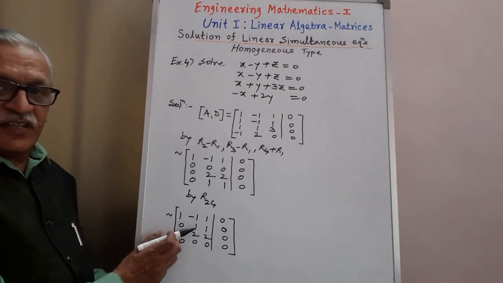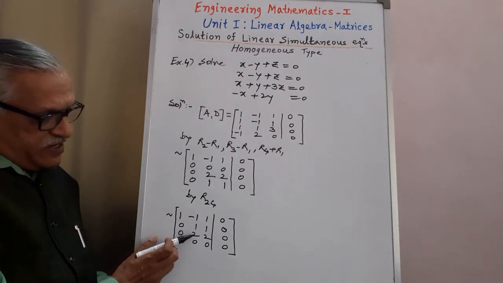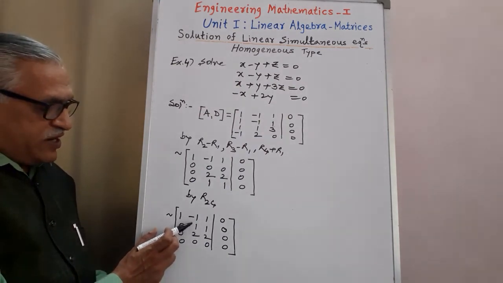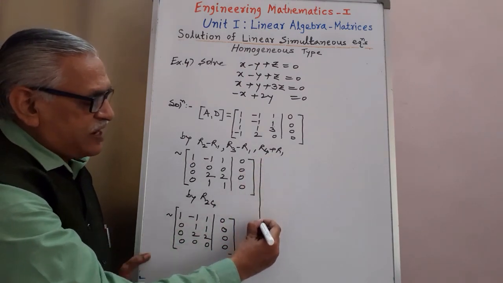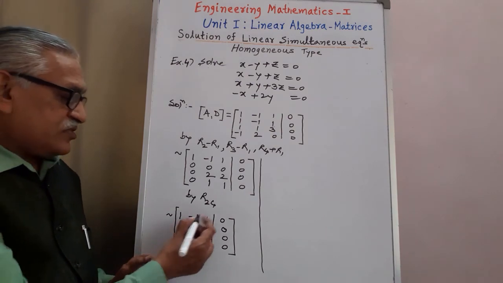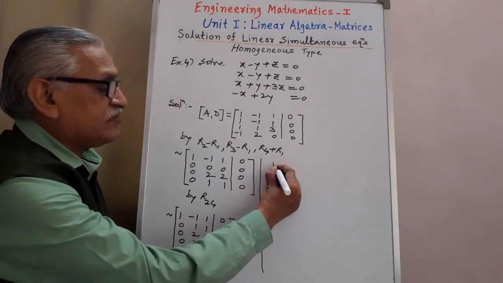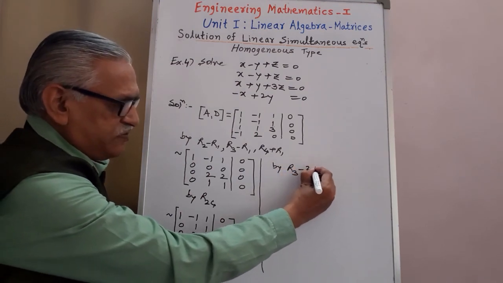After having this second diagonal element as 1, with the help of this one, we try to convert the element below it to 0. 2 minus 2 we get 0. And for that, we have to apply the transformation R3 minus 2 times R2.